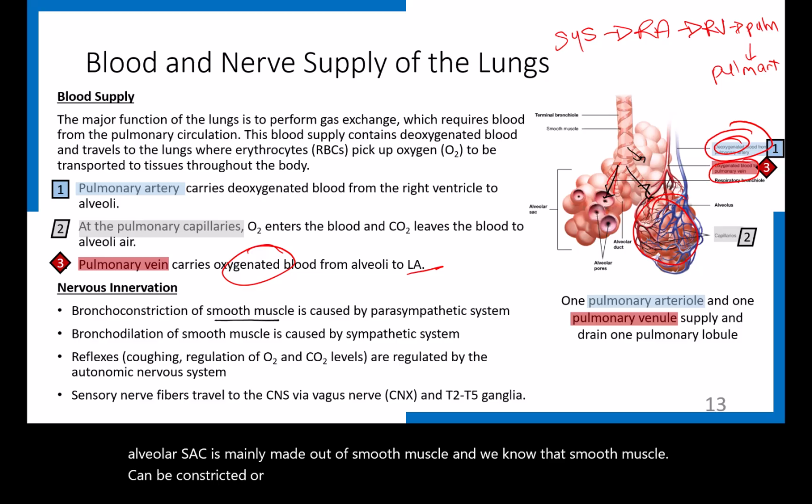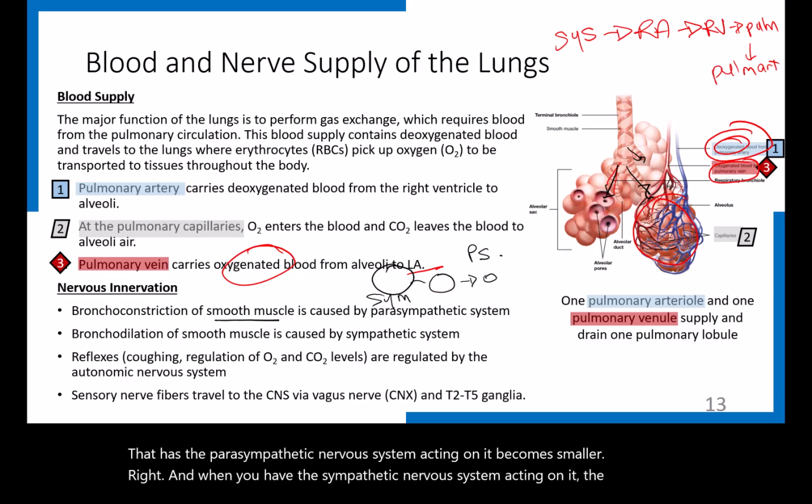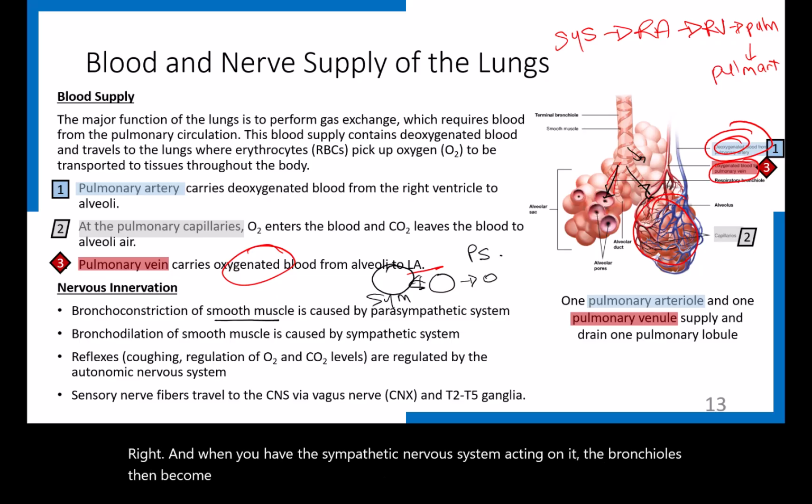So when the parasympathetic nervous system acts on a bronchiole, it becomes smaller, right? And when the sympathetic nervous system acts on it, the bronchioles become bigger. The bigger the bronchioles, the more air can go in and out, whereas the smaller the bronchioles, the less air can go in and out.